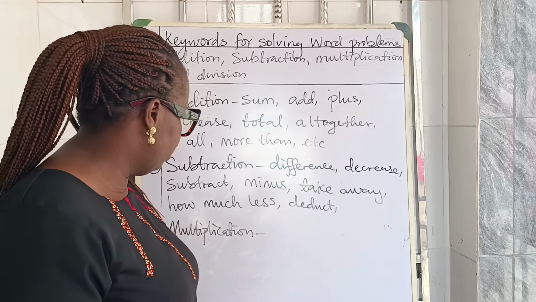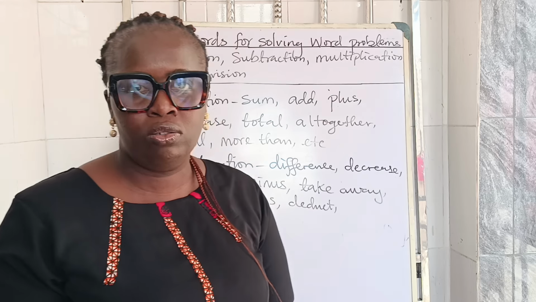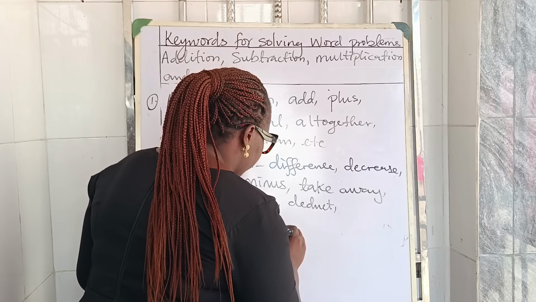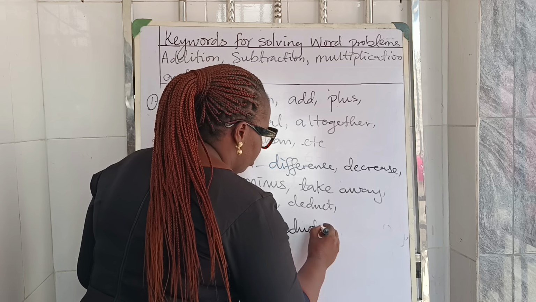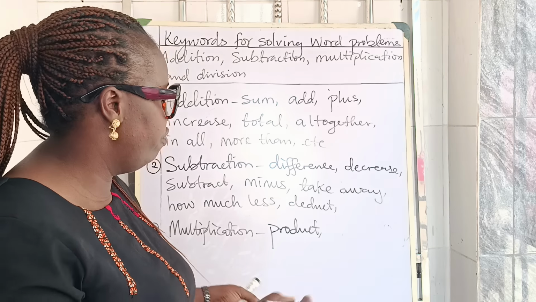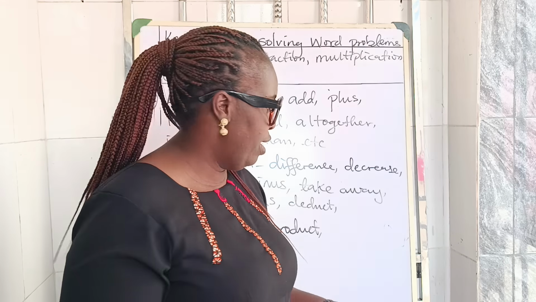Let's look at the third one. In multiplication, what is the answer we get for multiplication? It's called a product. The answer we get from multiplication is called what? A product. So when an examiner puts in a word problem, the product of this number is, you know they are asking you to multiply, right?